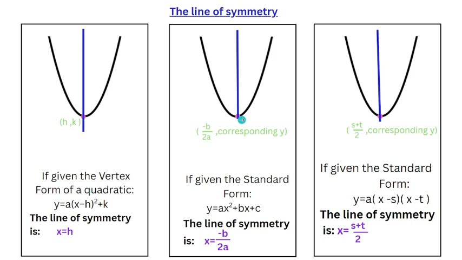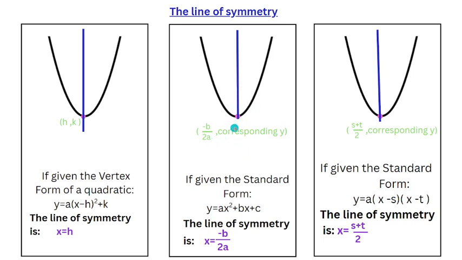Here, in standard form, we get the point at minus b over 2a and find the corresponding y.